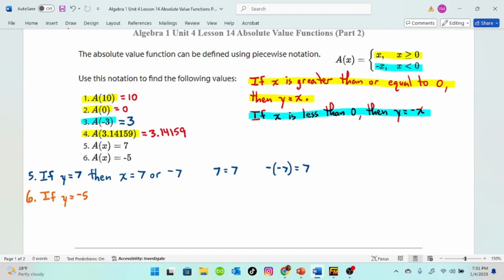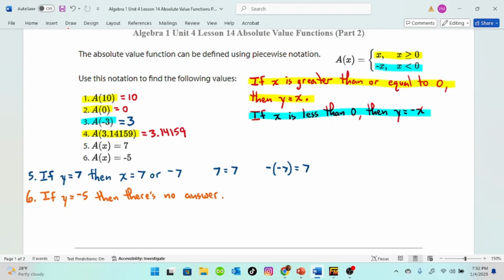That doesn't work. If we tried negative 5, then negative 5 is less than 0, and it follows the bottom rule, but then negative 5 is positive 5, so that doesn't work either. So in this instance, there's no answer.